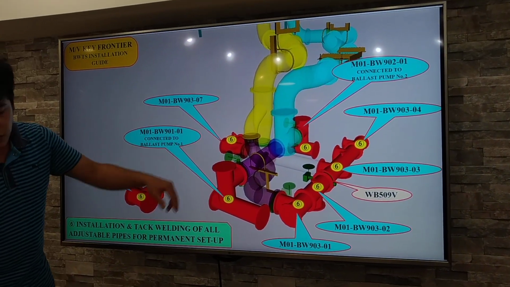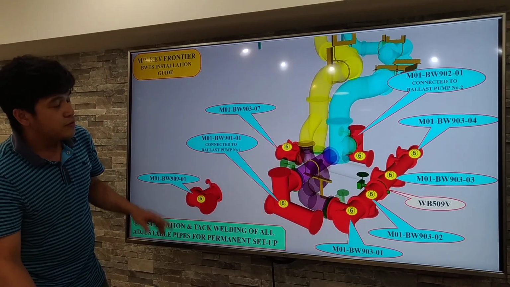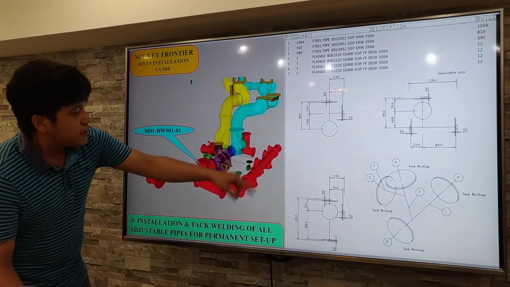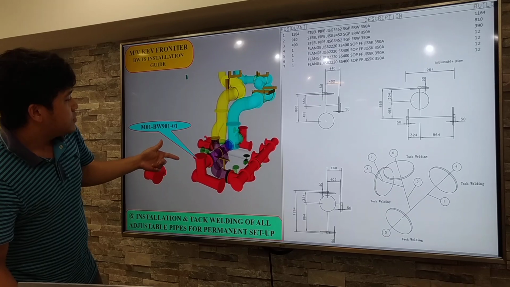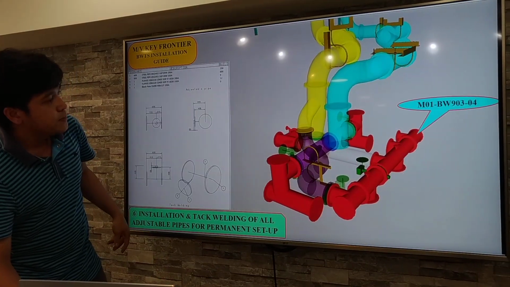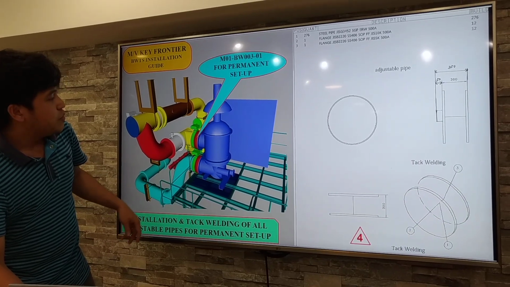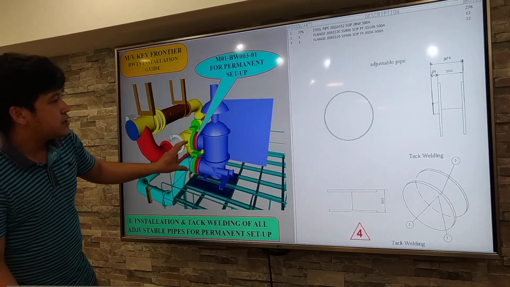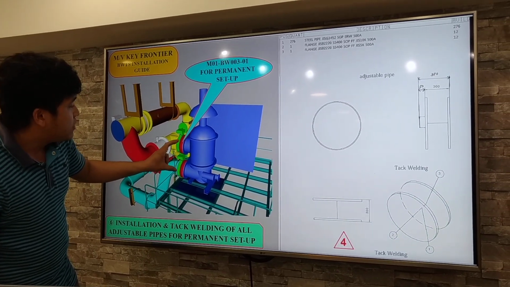So after installing these adjustable pipes, tack welding and adjustments, we also included these details for each pipe. We will go back to the first adjustable pipes that we mentioned a while ago.